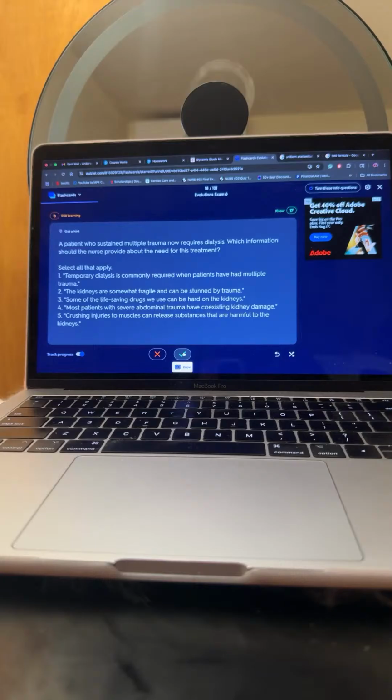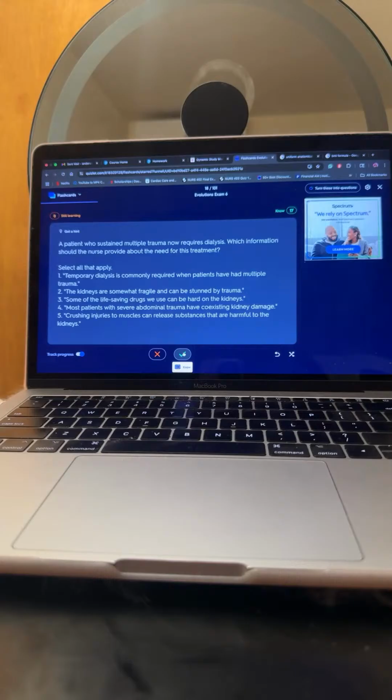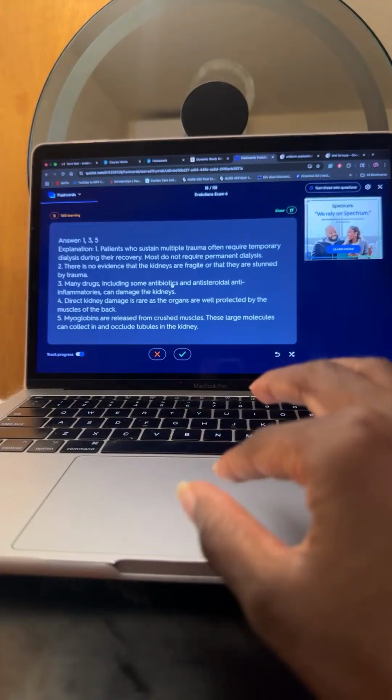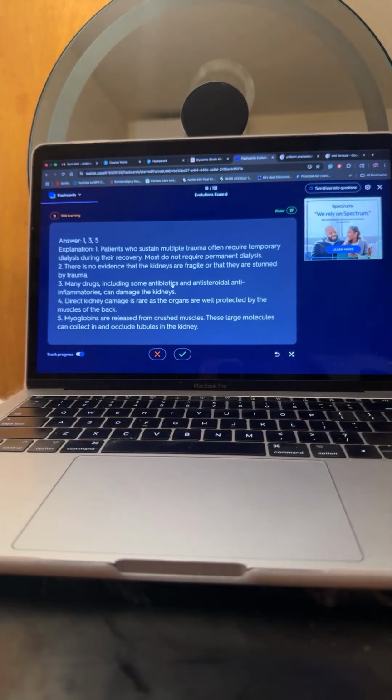No. Some of the life-saving drugs we use can be hard on the kidneys. Yes. Most patients with severe abdominal trauma have coexisting kidney damage. No. Crushing injuries to muscles can release substances that are harmful to the kidneys. Yes. So I think it's 1, 3, and 5. 1 I'm not even 100% sure of. Oh, yes. So it's 1, 3, and 5.